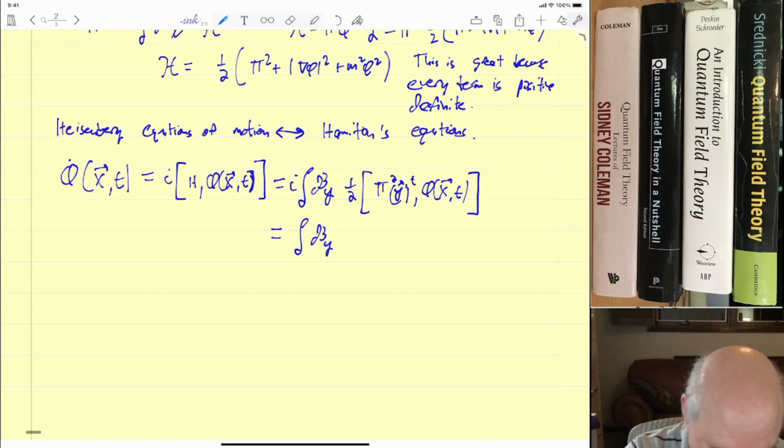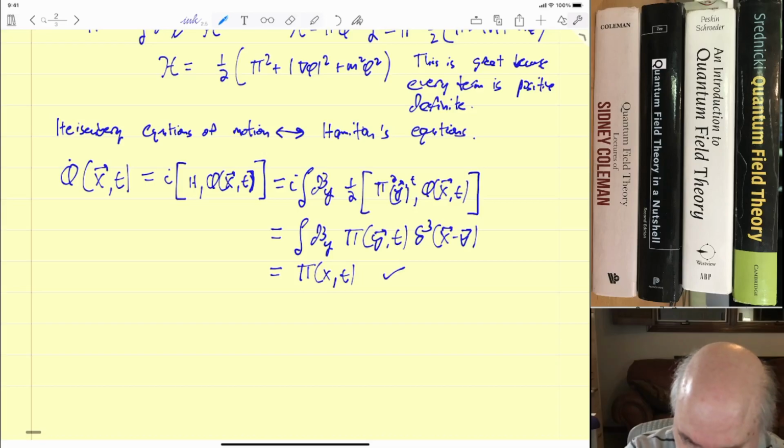There's an i that will come from the delta function, which will give me a minus sign, but we're taking the commutators in reverse order, so we get another minus sign. So we're going to get the integral of d3y pi of y comma t delta 3 of x minus y, and this is just equal to pi of x comma t. So that's our definition that we had earlier.